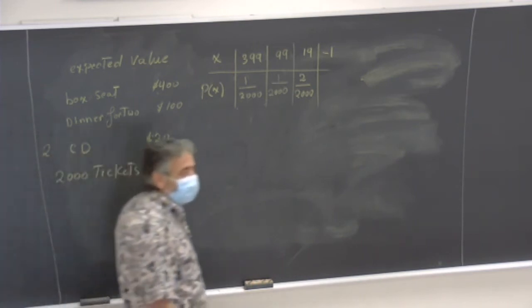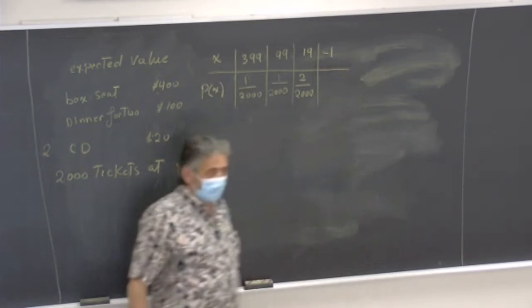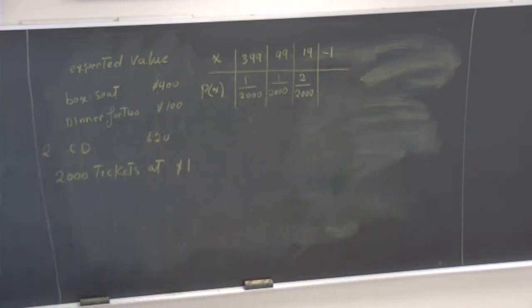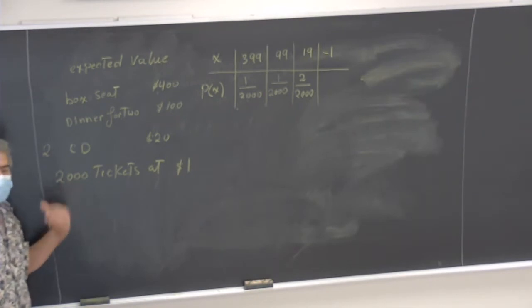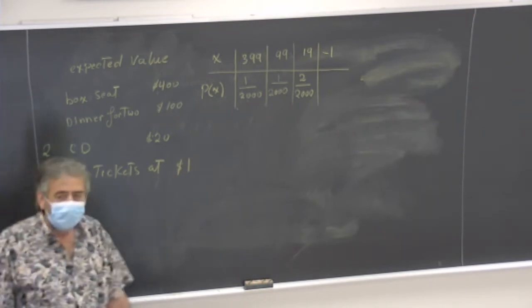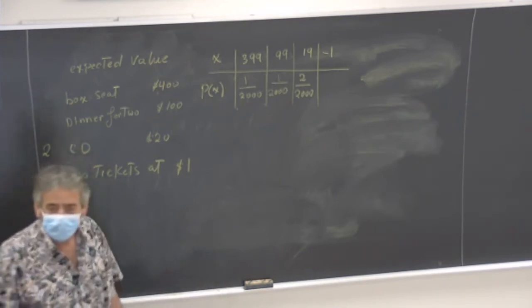So what's the probability of you losing? Well, how many tickets are given away? 2,000. How many tickets are going to win? 4. How many tickets are losing?